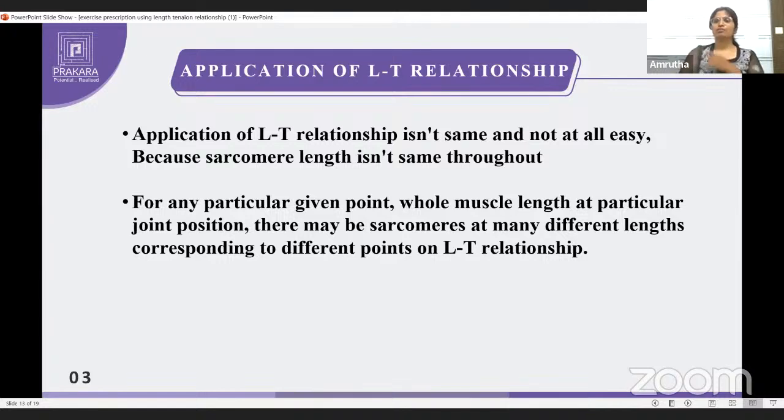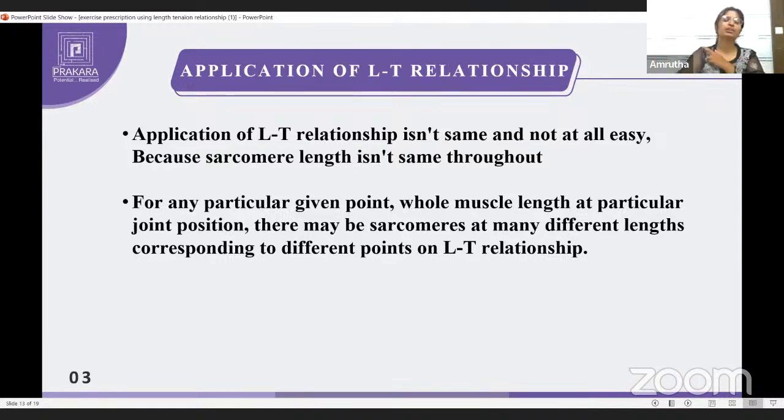So from the origin till the insertion of the biceps, there are millions of sarcomeres. And there is no rule that sarcomeres in the biceps are the same everywhere. For example, if I'm taking a biopsy smear from here and here, there is no necessity that both the sarcomeres should be of equal length.